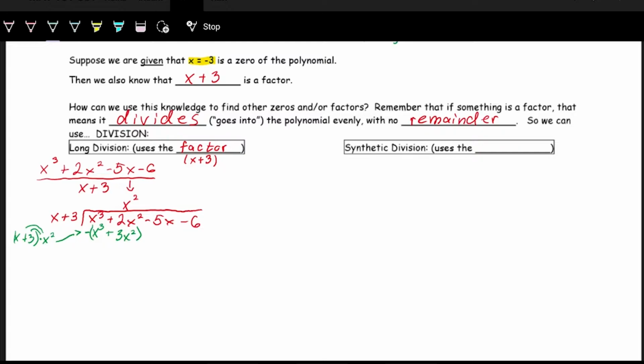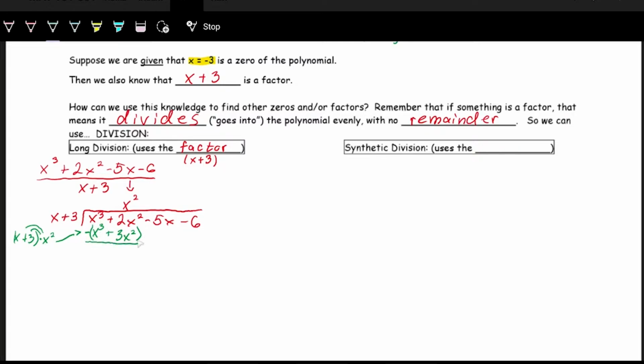And we're subtracting this. This is how we do long division. We want to see what's the remainder. So we multiply the x squared with the x plus 3 and then subtract that from what we have as the dividend on the inside, and we see what's the remainder. But we have to remember that we're subtracting everything. We're subtracting the x cubed and the 3x squared.